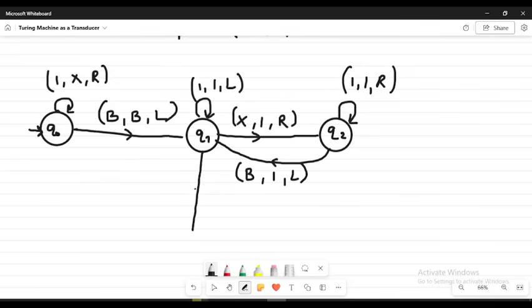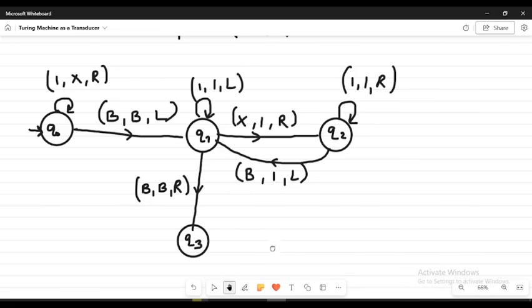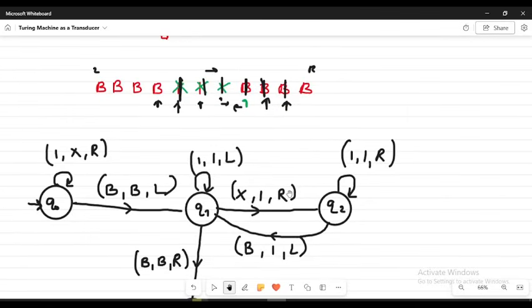Whenever you see the blank, make it as blank, and either you move in left or right direction, it doesn't matter, it's better to move in right direction, and just halt. So in Q3 it will halt, right? I think this is your Turing machine.